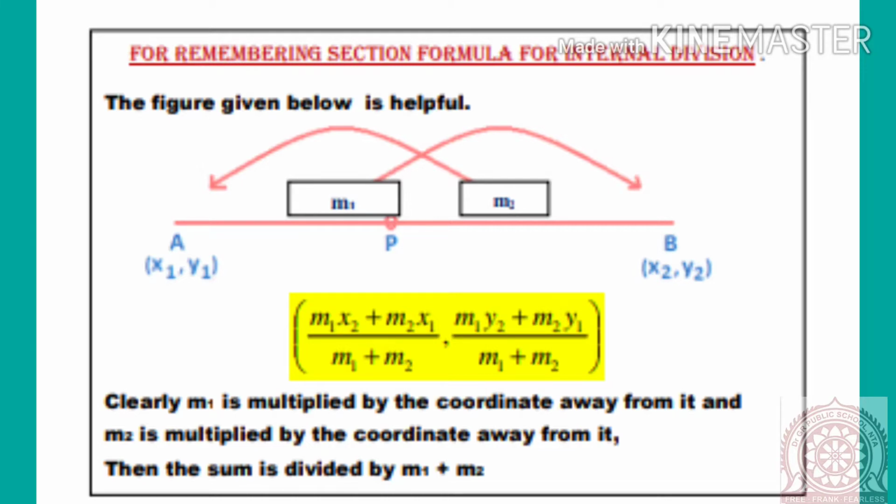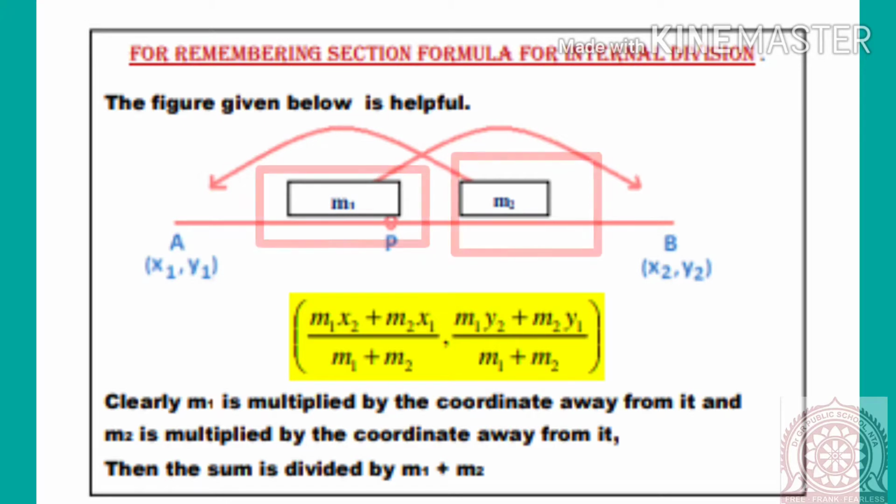But before that, I wish to inform you some very important facts regarding the section formula. Whenever you are given a question, one coordinate you need to take as (x1, y1) and the other coordinate you need to take as (x2, y2). The second point is, the given ratio you need to imagine as m1 is to m2.